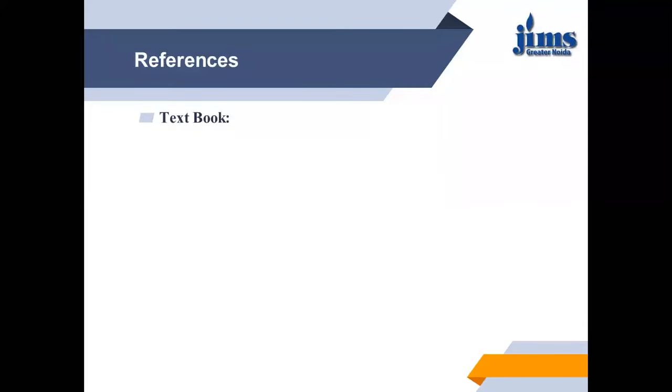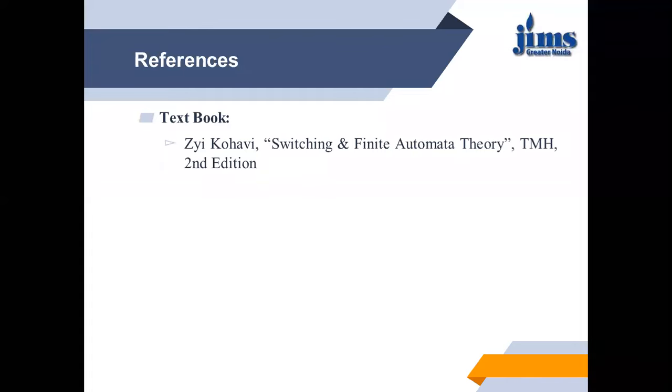Now, as far as the textbooks are concerned, for the last unit, there are 4 units, you will refer to Zvi Kohavi, Switching Theory and Finite Automata Theory. And for the rest of the units, you have to follow Morris Mano, Digital Logic and Computer Design. Further, you can follow whatever book is available with you. And I think my lecture notes will be sufficient for you for this course.